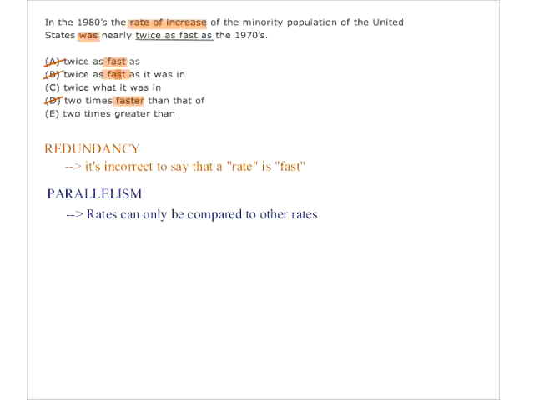So if we have this, the rate of increase was twice as fast as the 1970s. So that's 2 times greater than the 1970s. That doesn't make sense. You can't compare a decade to a rate.